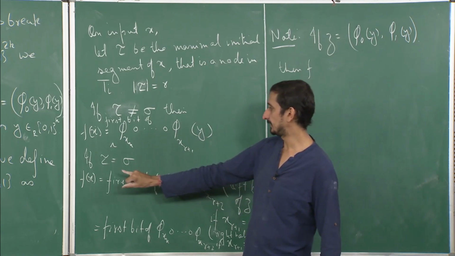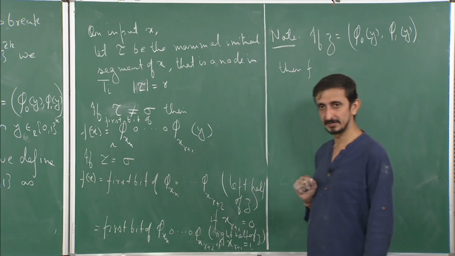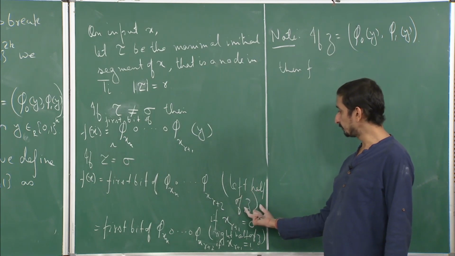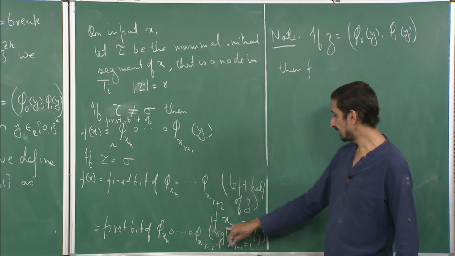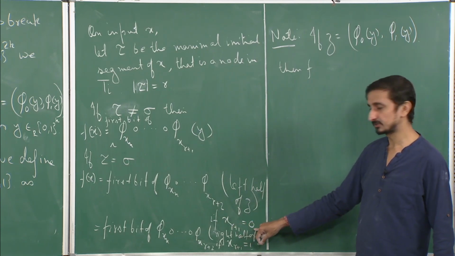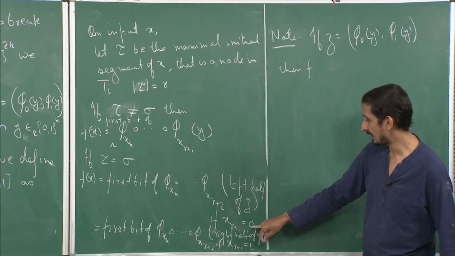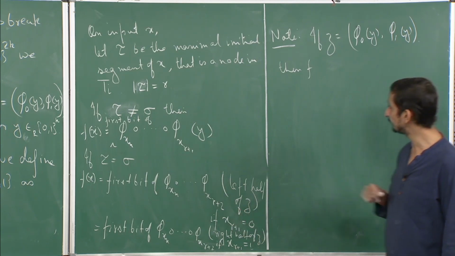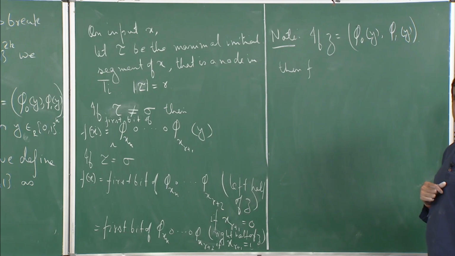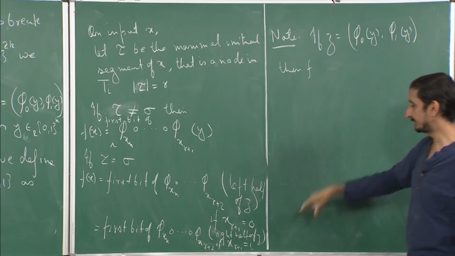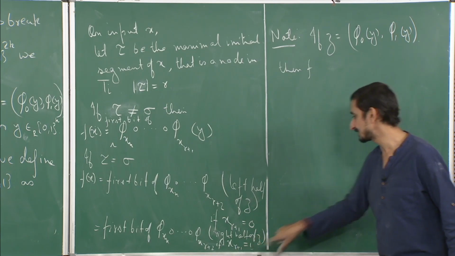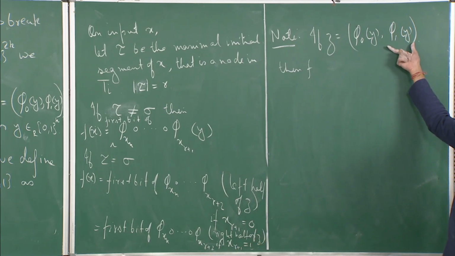And if tau equals sigma, what is the left half of z in this case? The left half of z depends on the bit x r plus 1. If x r plus 1 is 0, it is basically this, and if the next bit x r plus 1 is 1, it is basically this.